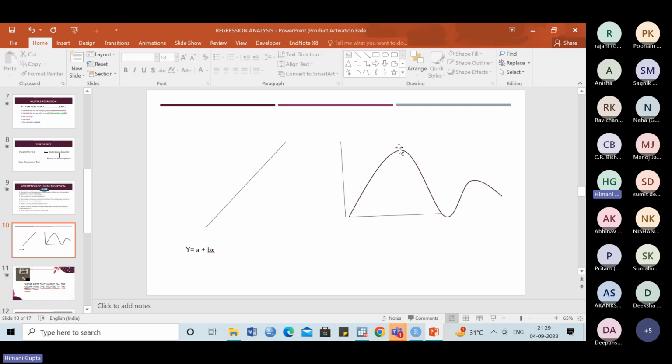But suppose this is your 50% tax rate, and after 50%, what happens to the government? If the government increases the tax rate to 60%, revenue decreases. Similarly, if the government says now I'll put a 100% tax rate, at that point also the government will have zero revenue. Why?